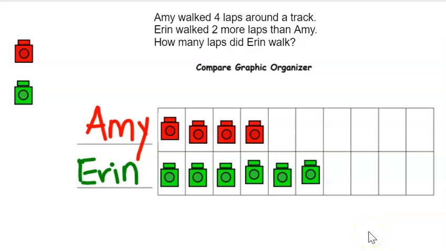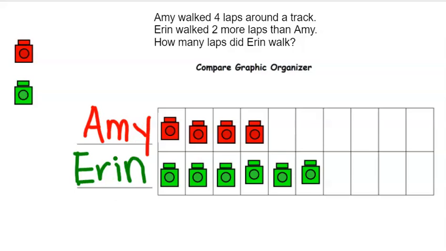How could we show this problem as an equation? So we're going to look and see how we can show this as an equation. So we know that we had the 4 laps that Amy walked. And we know that Aaron walked 2 more laps than Amy.